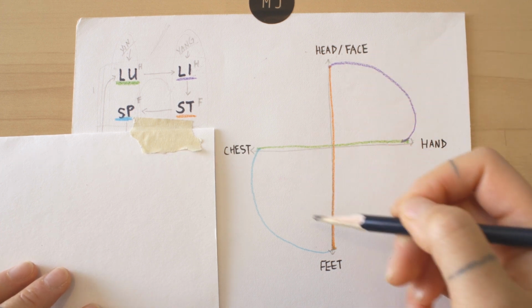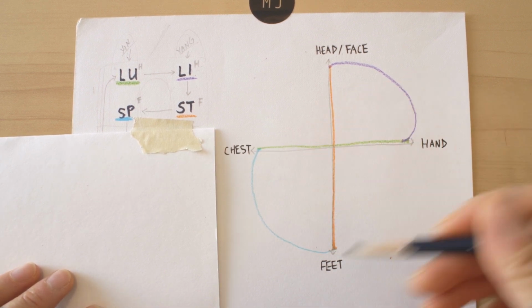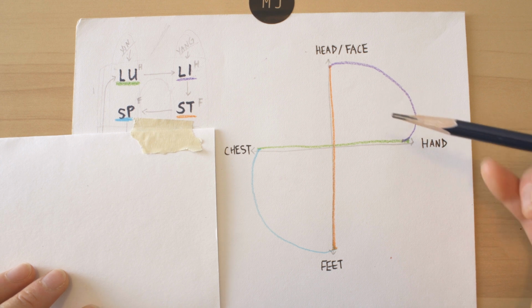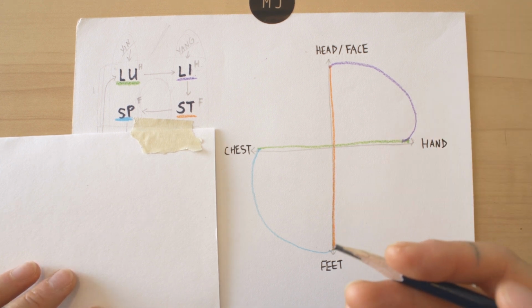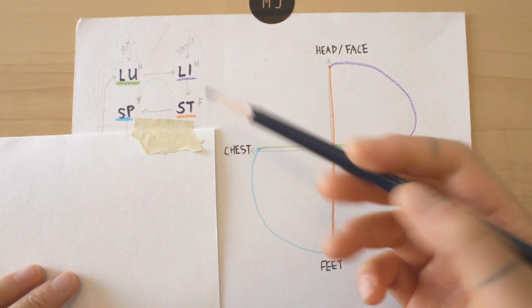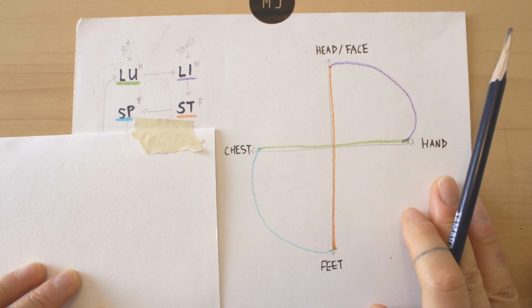So there's no such thing as an LI point on, let's say, the chest or the feet, at least on the external pathways. This came in super handy for me to self-correct before I got to the stage where I could fully visualize these without the assistance of this anatomical chart.